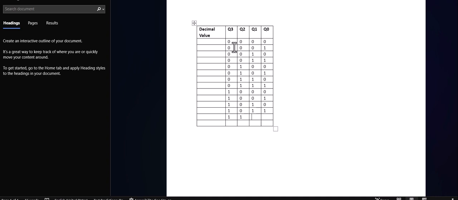This is important because this is how we can string together counters to make bigger counters. So then the next one is 1 1 0 1, and then 1 1 1 0, and then 1 1 1 1.